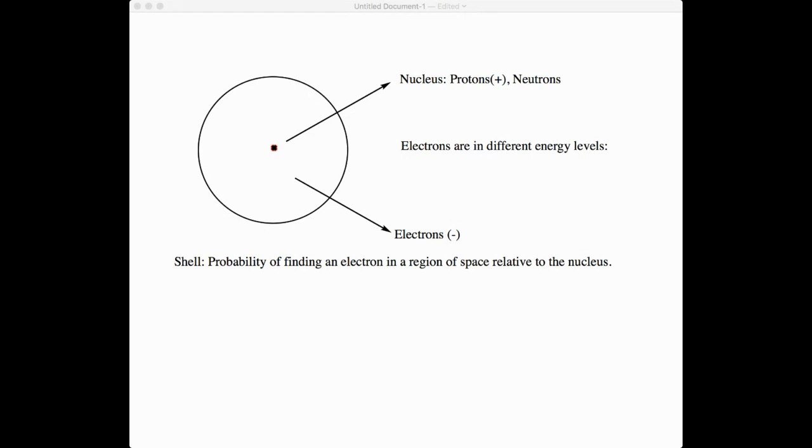There are several reasons why an atom keeps itself together. The first is the electrostatic interaction between the negatively charged electrons and the positively charged protons, right? That's a factor. Second factor is obviously the repulsion between the negative charge of electrons.